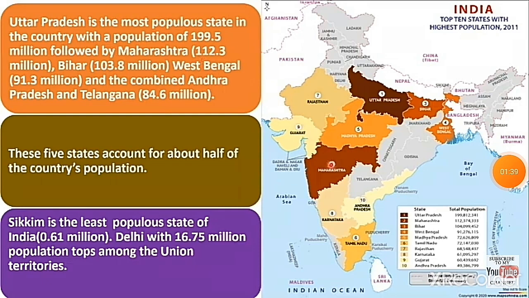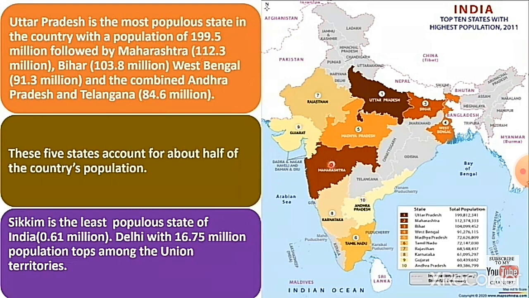In India, Uttar Pradesh is the most populated state, followed by Maharashtra, then Bihar, West Bengal, and the combined Andhra Pradesh and Telangana. These 5 states account for about half of the country's population. Sikkim is the least populous state of India.